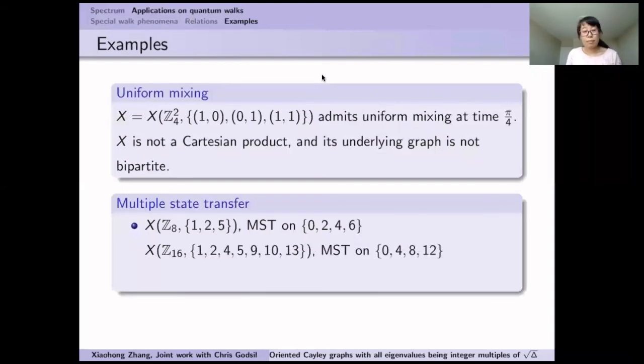There's a similar example on subsets of size 4. In fact, the whole graph breaks into subsets of size 4, and on each subset there is multiple state transfer.